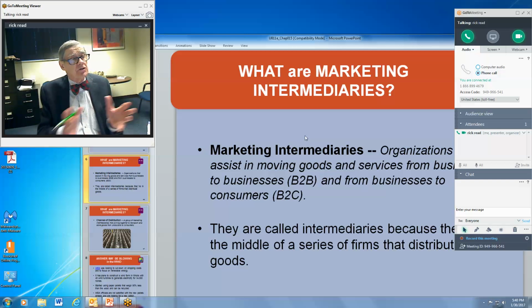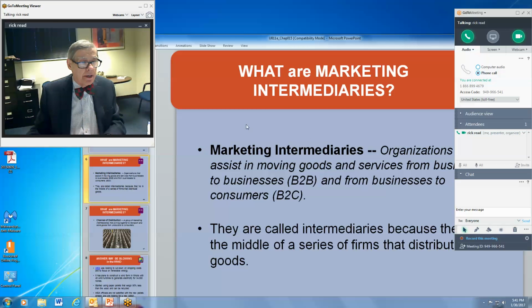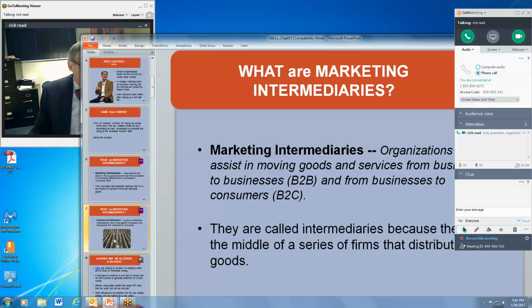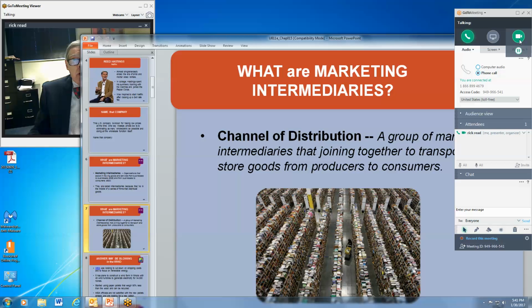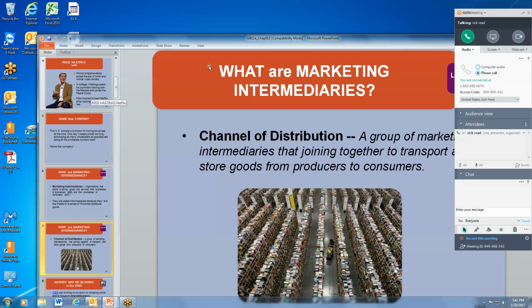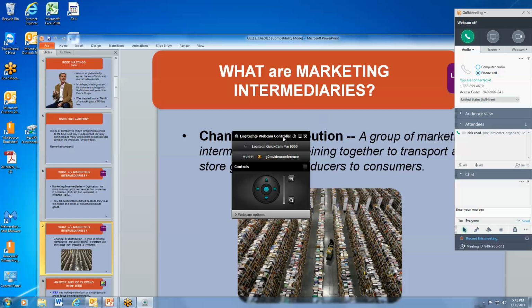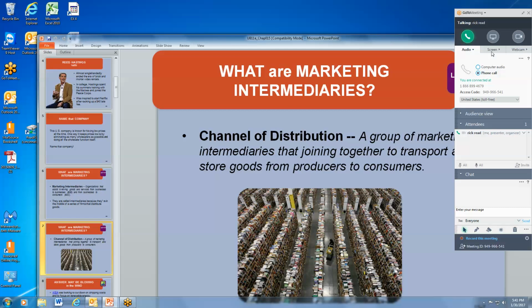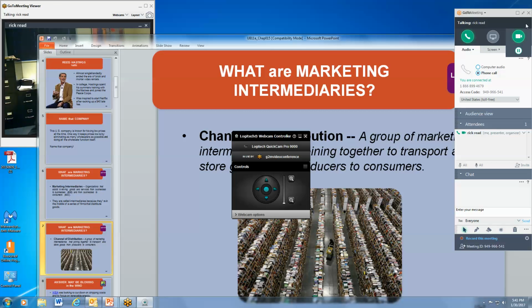Now, I changed the term here, business to manufacturer, so I wasn't using business too often, but essentially that's what we're talking about here. A channel of distribution is, notice here what the slide says, a group of marketing intermediaries that join together to transport goods and services from producer or manufacturer to the consumer.